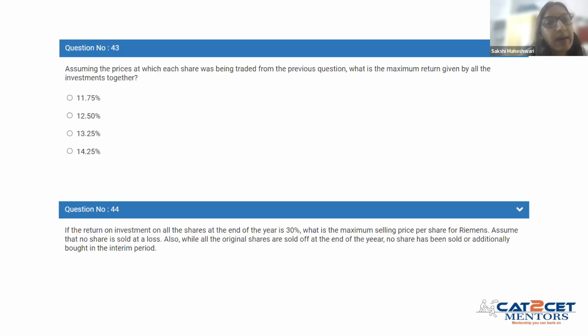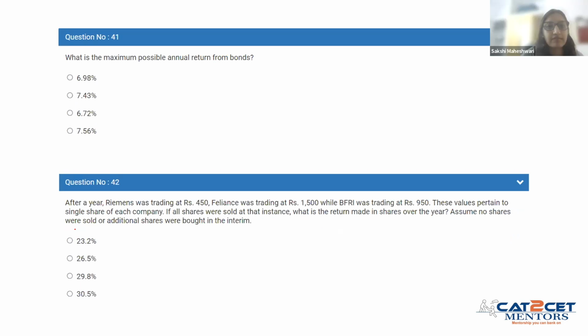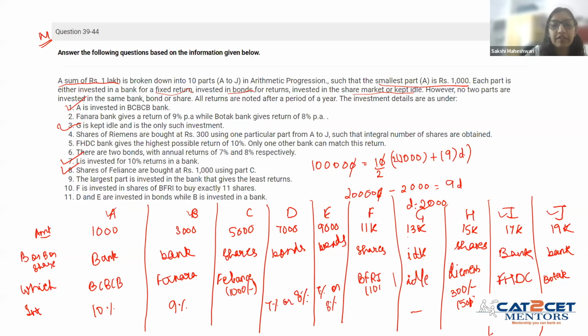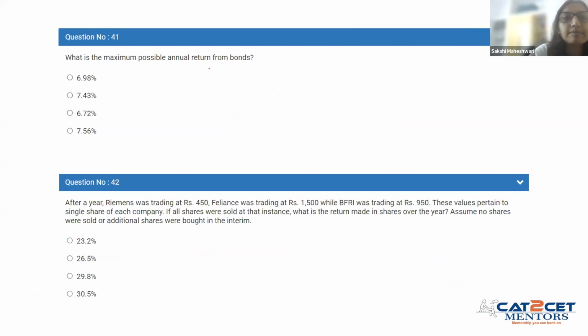Now, next question is maximum possible annual return from bonds. So for bonds, we don't know 7% or 8% is on which one. For maximum return, we'll just try to give 8%, like more return to more invested amount. So it will be 7,000, like 1.07 on 7, and this. So just tell me this. This should be 7490. Am I correct?